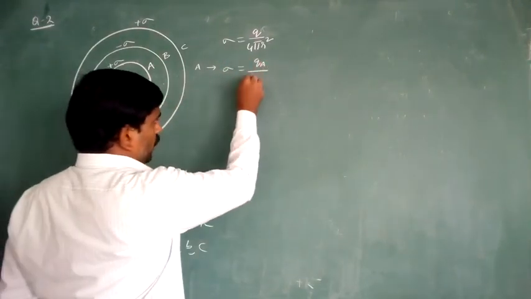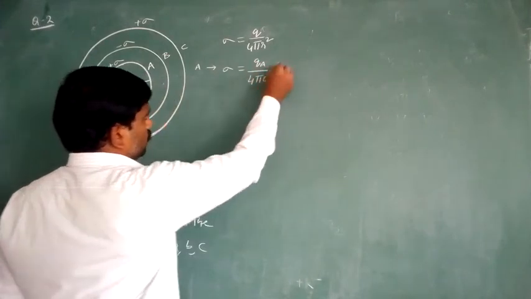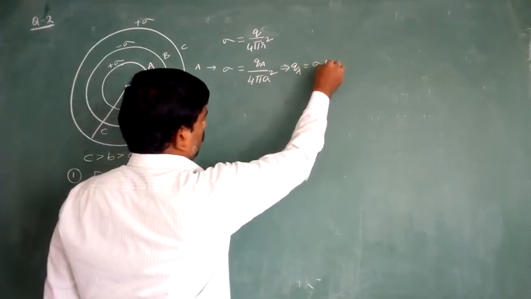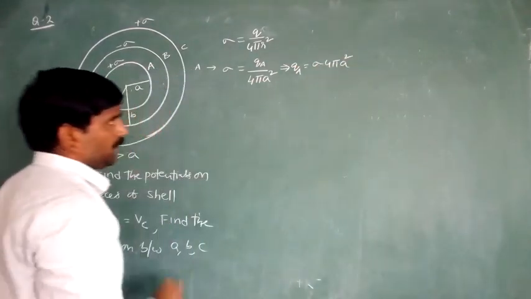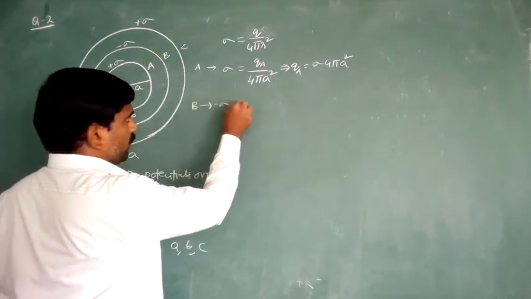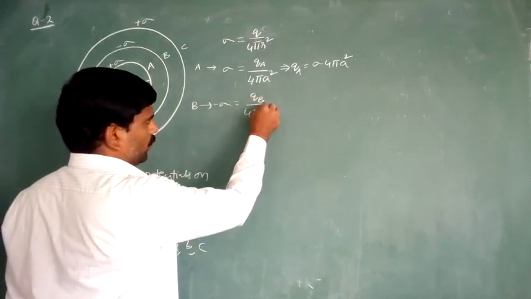From this, QA is equal to sigma into 4 pi A square.